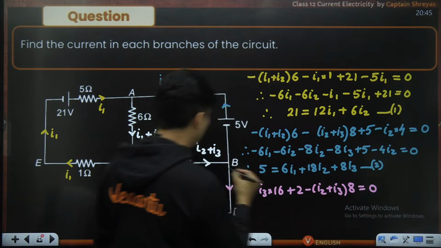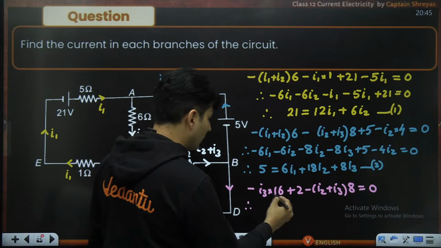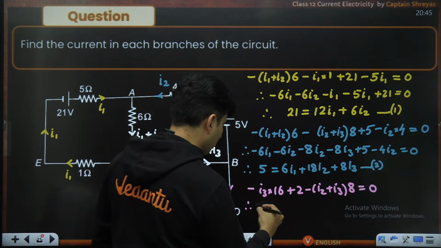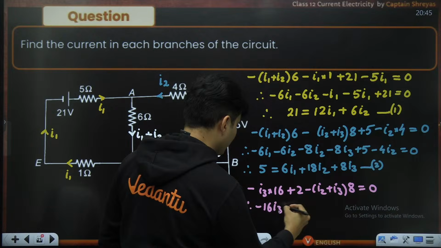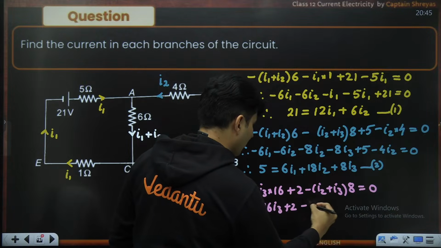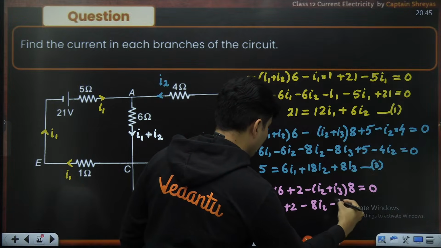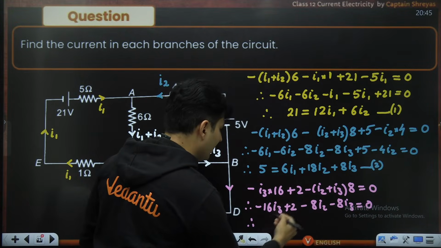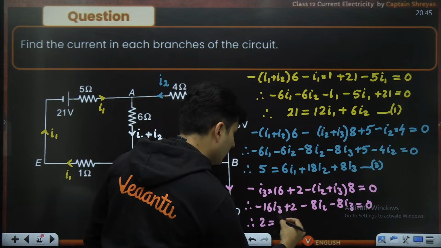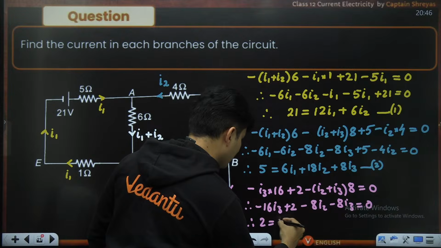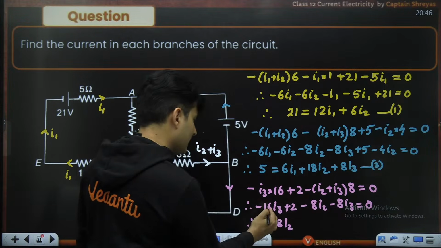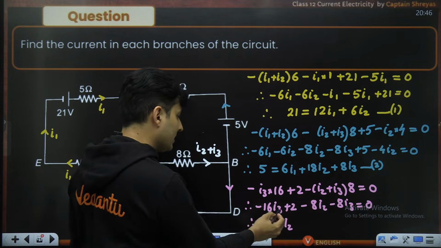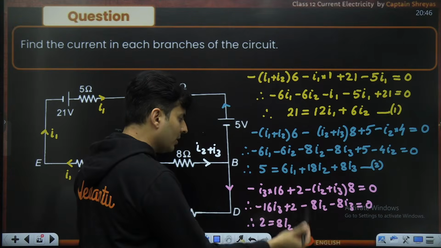This will be 0 when I come back to point B. So what is this? Minus 16 times I3 plus 2 minus 8 I2 minus 8 times I3 is 0. So therefore, 2 will be equal to 8 times I2, and 16 I3 and 8 I3 will make it 24.